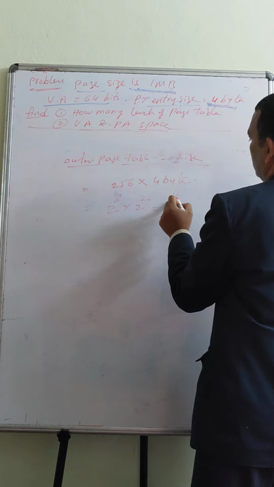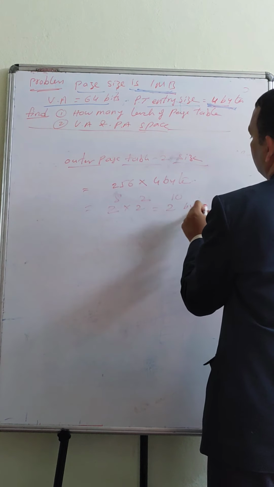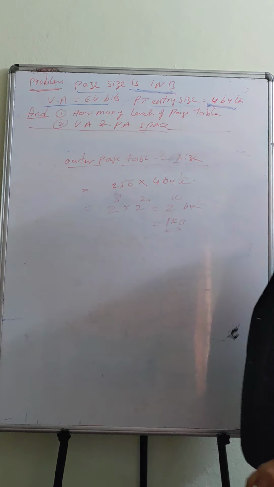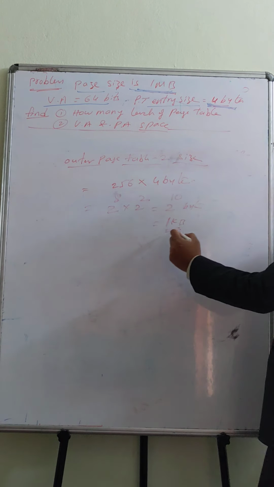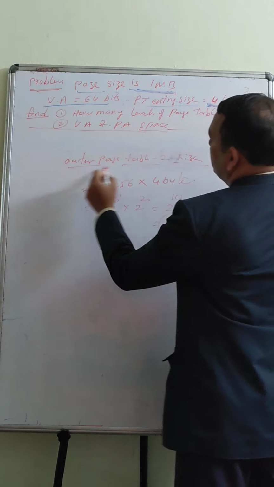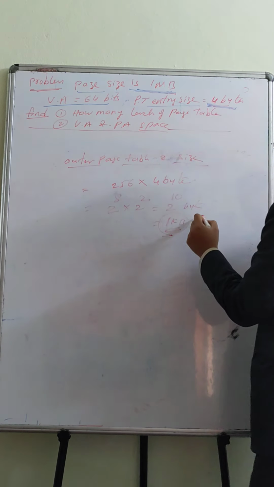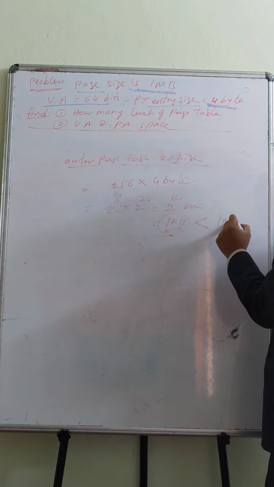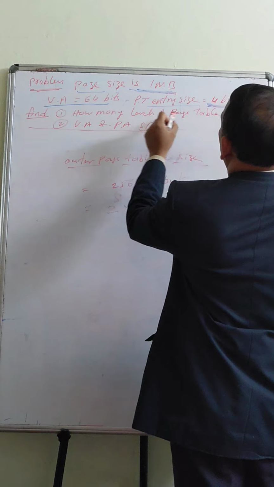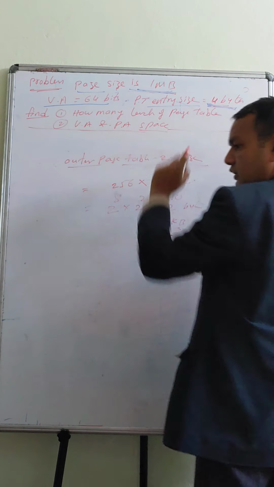This is 2 power 10 bytes, which equals 1 KB. Now this is outer page table 2 we calculated. This 1 KB is less than 1 MB, and 1 MB is the page size.